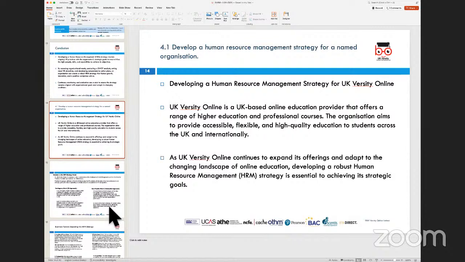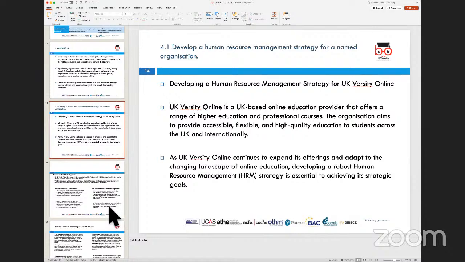So from an HR perspective, which is one of my colleagues' opinion, he looks at creating a strategy which will allow us to attract the best possible talent in terms of teaching lecturers, in terms of operations, which is running the day-to-day operations of the organization, and then student support administrators, people working within administration who understand their job roles and functions and carry them out effectively, to deliver these services to the learners who are doing courses with us.